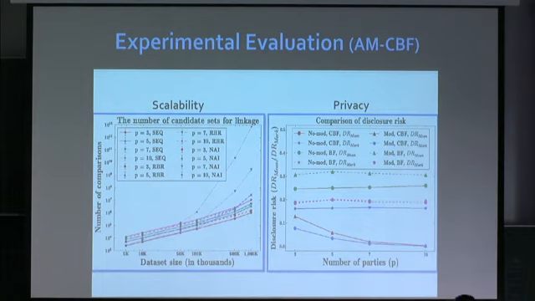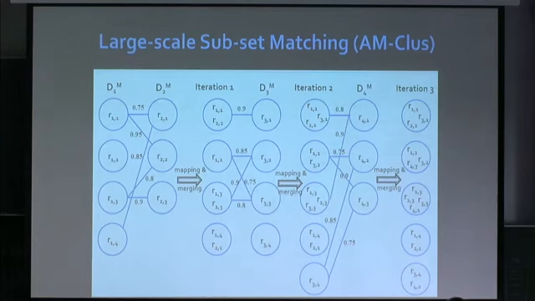However, a major drawback of these multi-party techniques is that they do not allow identifying matching records between subsets of databases. So we developed an incremental clustering based approach for large scale multi-party privacy preserving record linkage, which also allows us to identify subsets of matching records.